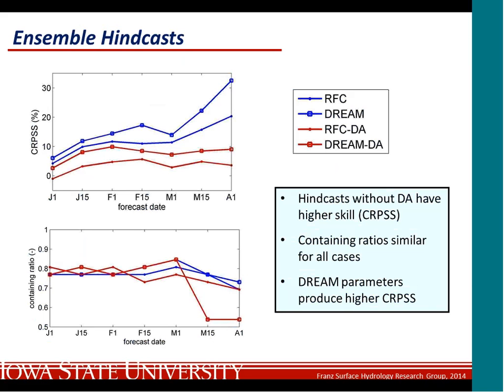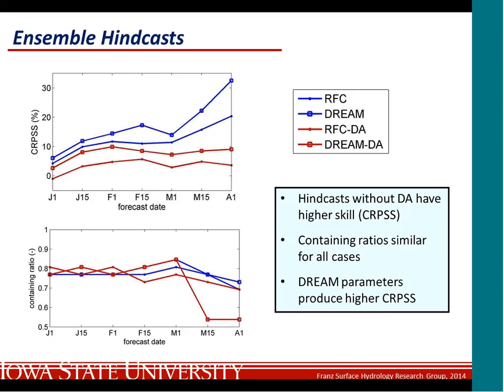Again, the results were not what we expected. Any value above 0 tells us we're doing better than climatology, and the larger the value of the skill score, the better we're doing. And it's obvious here that the non-DA hindcasts are doing better than the hindcasts with the DA for this particular basin.